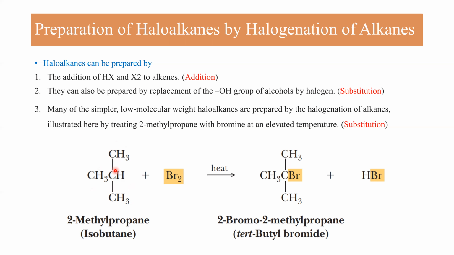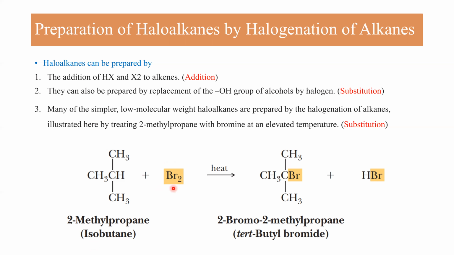This is a branched alkane, and its name is 2-methyl propane. So 1, 2, 3, and this is the longest chain, and at the second position there is a methyl group. So this is the 2-methyl propane, and its common name is isobutane because this is a branch, and in total they are the 4 carbons we can name as isobutane as well.